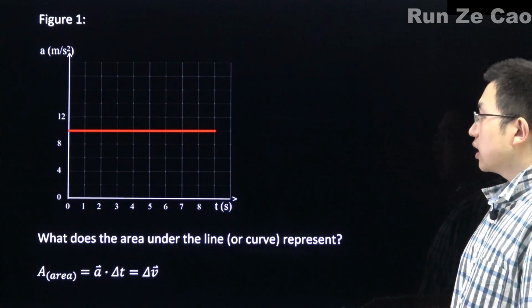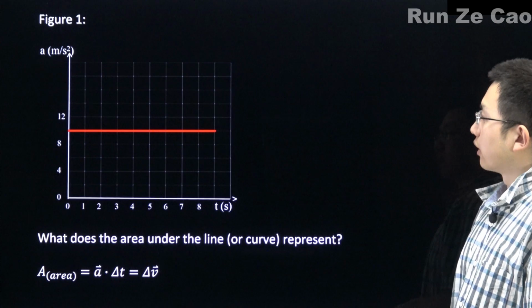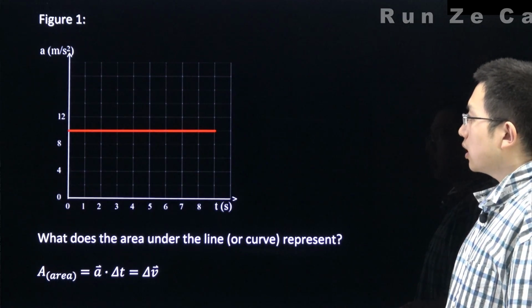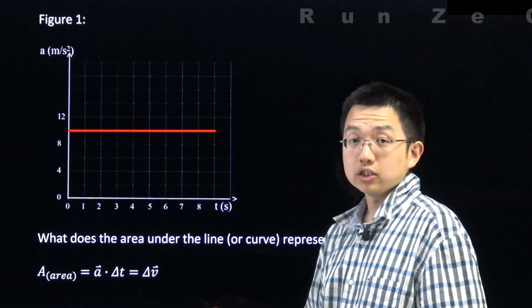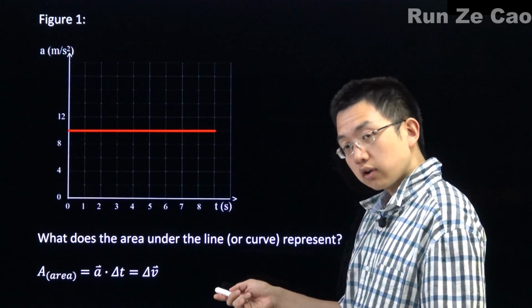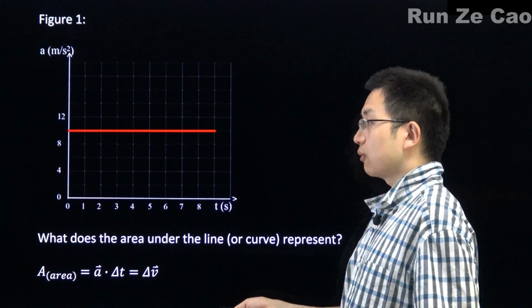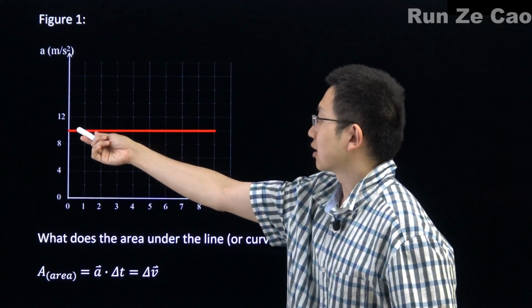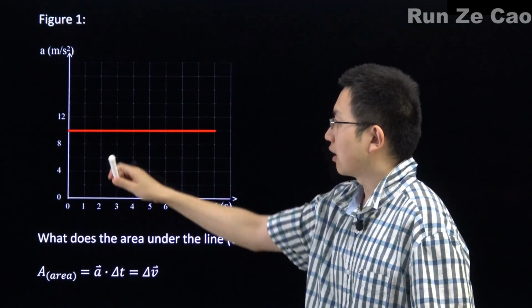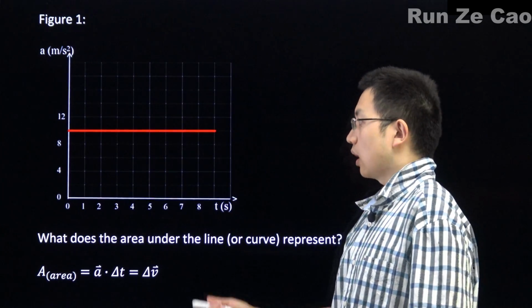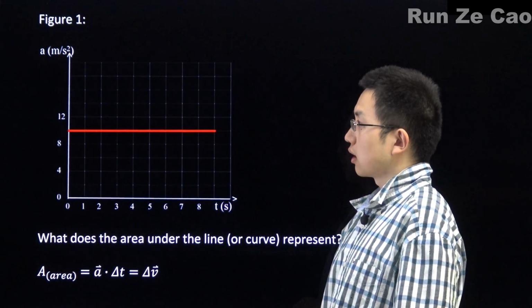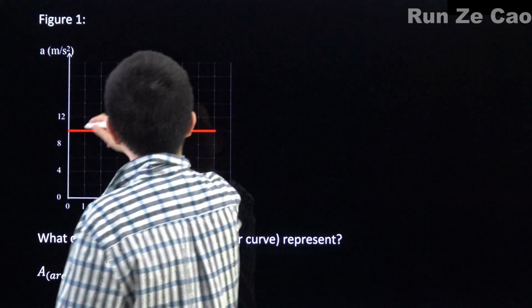Now, what does the area under the line or the curve represent? Well, we know that acceleration, on average, is equal to the change in velocity divided by change in time. So what happens when we multiply the acceleration by the time to find the height of, say, a rectangle? Well, we get the change in velocity there. So what happens if it's a curve?